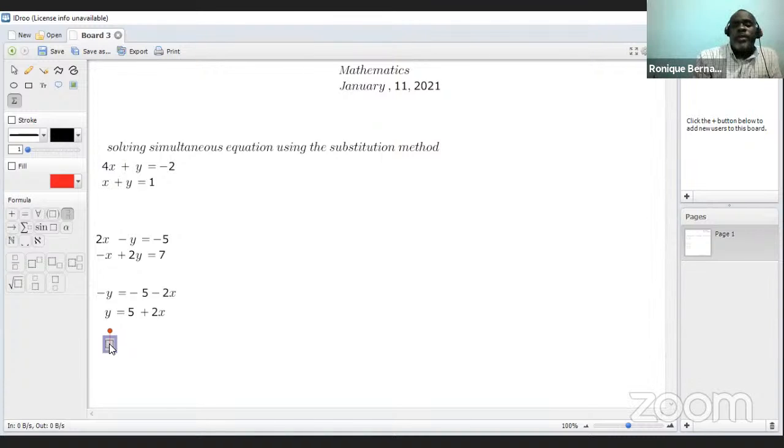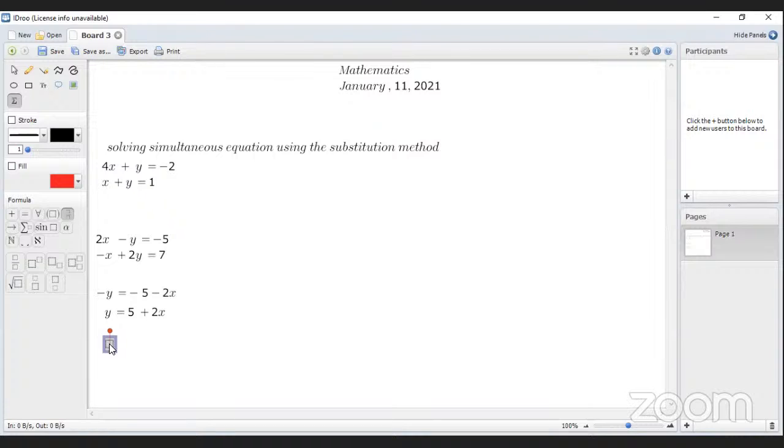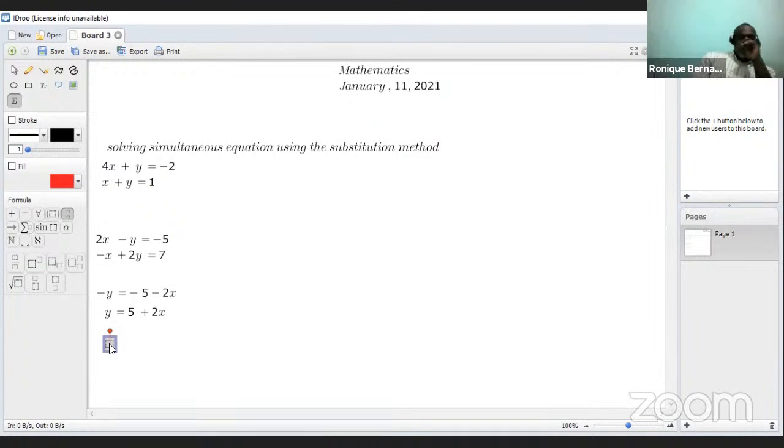How did I end up with y equal 5 plus 2x? You divide each side by negative 1. So how are you coming back now to give me something different? Give me what you have. Continue.